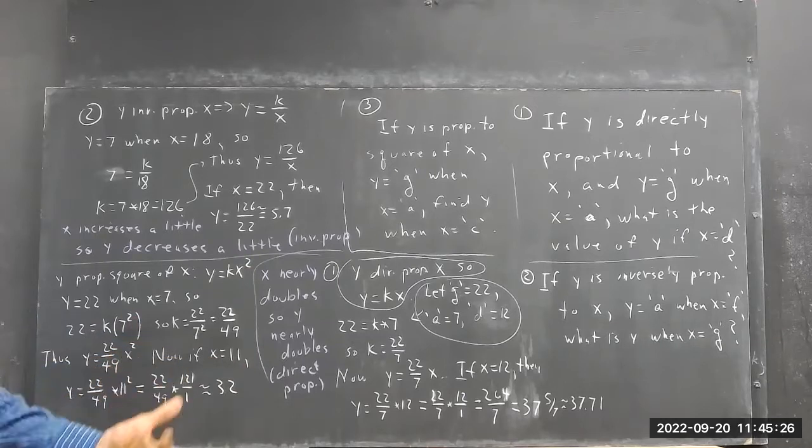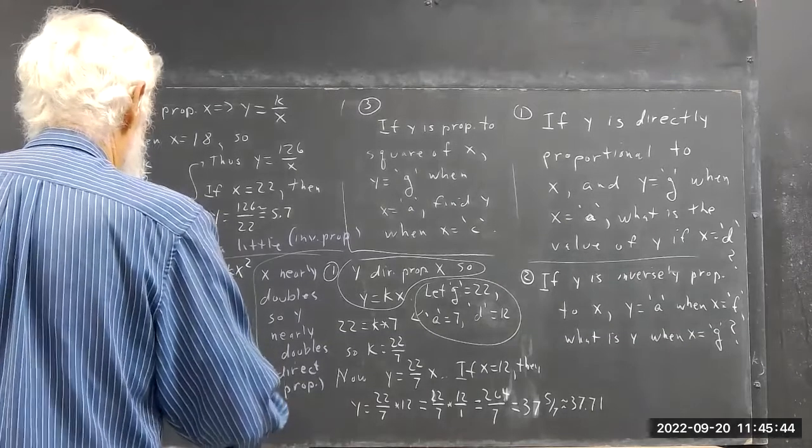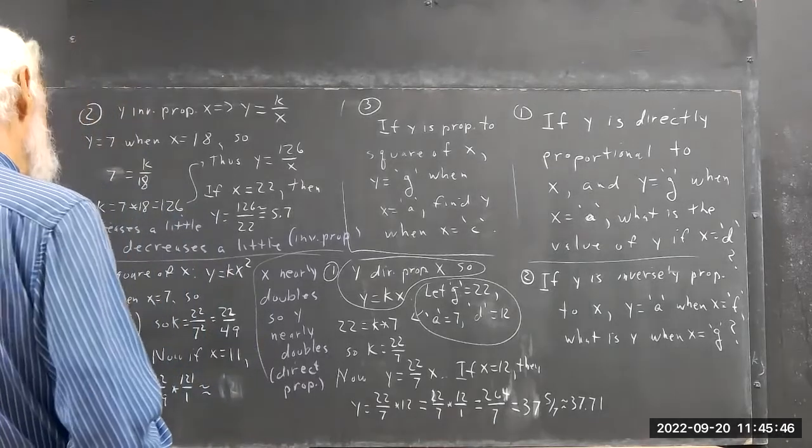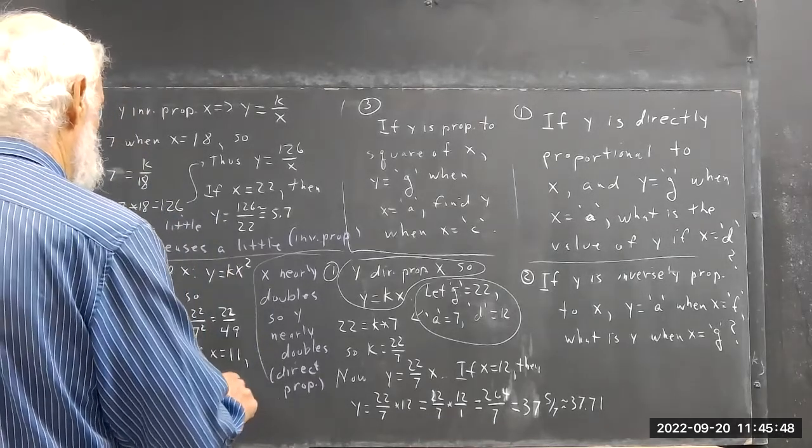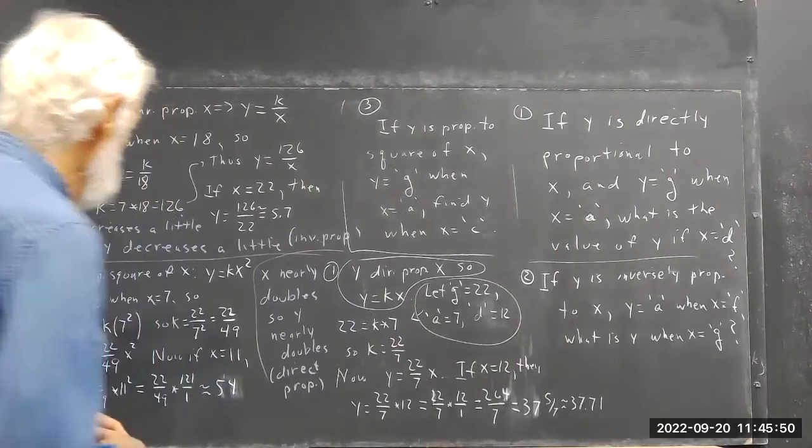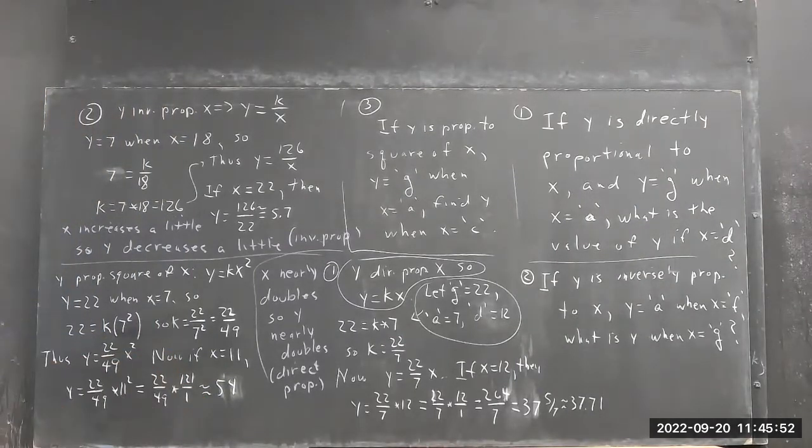If you tripled it, you get 66. So 2.4 times 22 is about 54. Probably closer to 53. I did my arithmetic wrong.